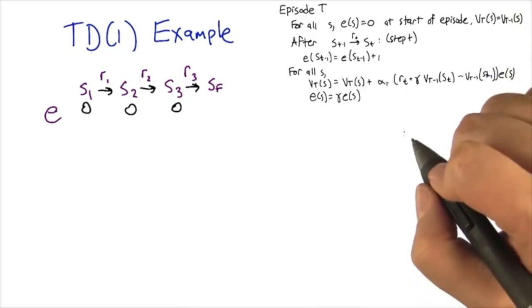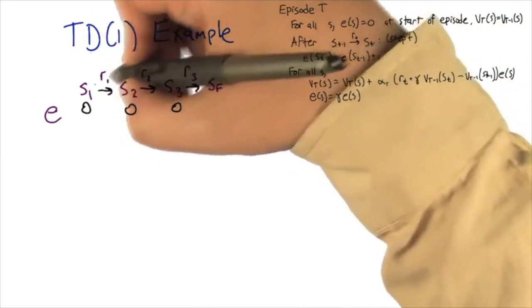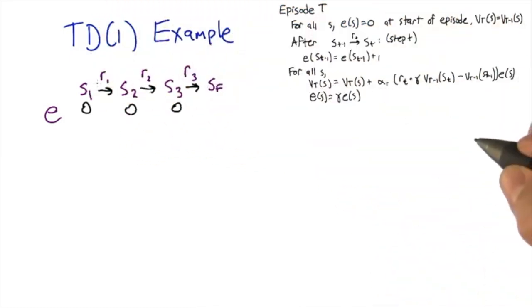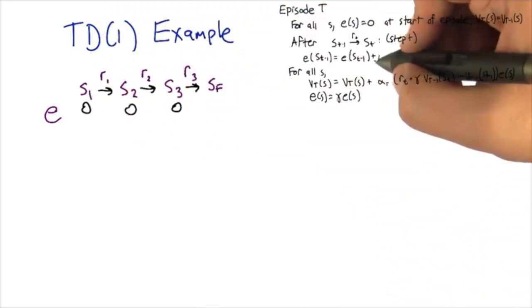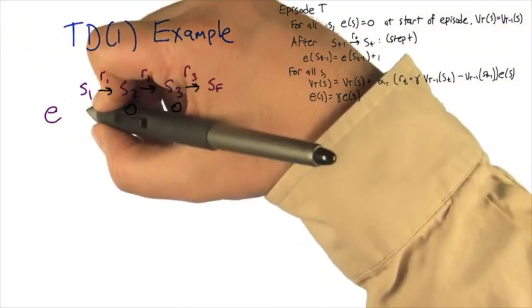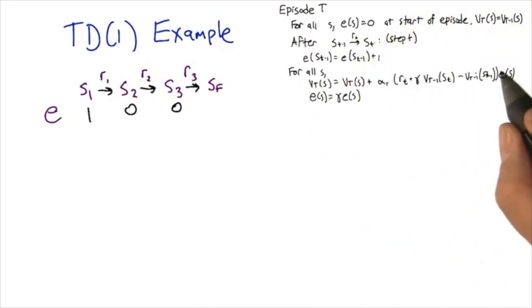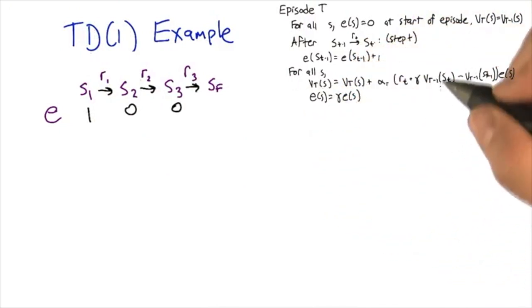All right, so now we make a transition. And the first transition we make is from S1 to S2 with reward R1. What does that do to the eligibility? Well, for S1, it sets the eligibility to 1. Good. All right. Then we're now going to loop through all the states, all of them, and we're going to apply the same little update to all of them.